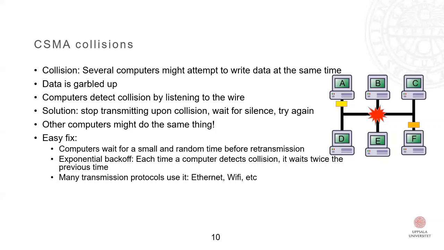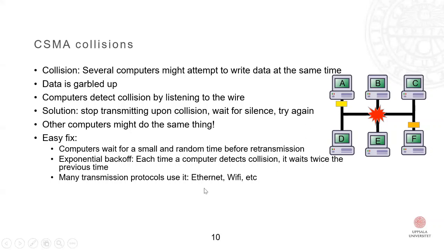This back off will increase exponentially, meaning that, for example, if the first time after a collision they wait 1 second, the next time they will wait 2 seconds, and the next time 4 seconds, and so forth. This is to make sure that the likelihood of collision will be reduced.